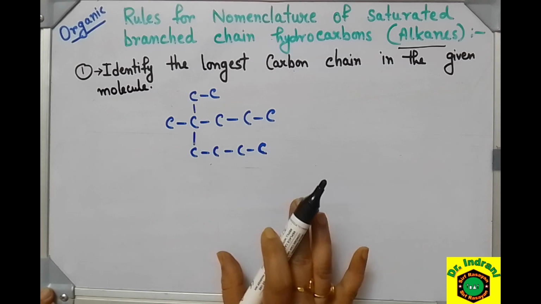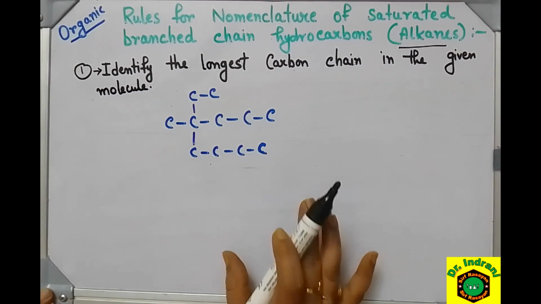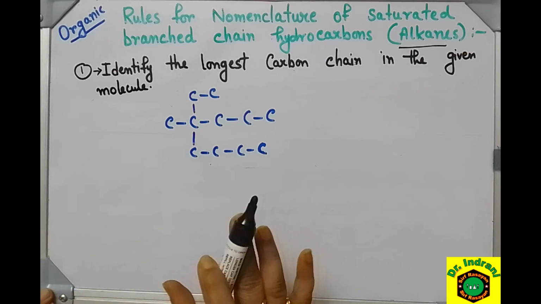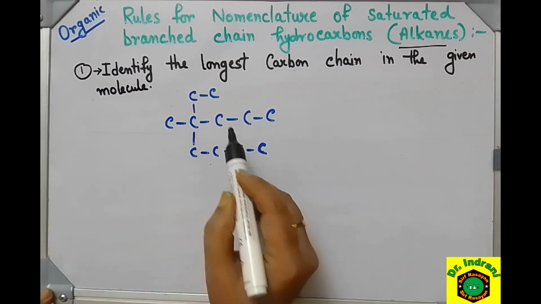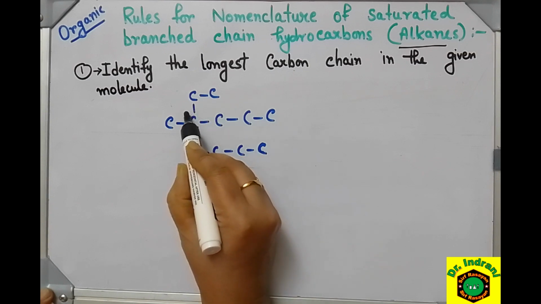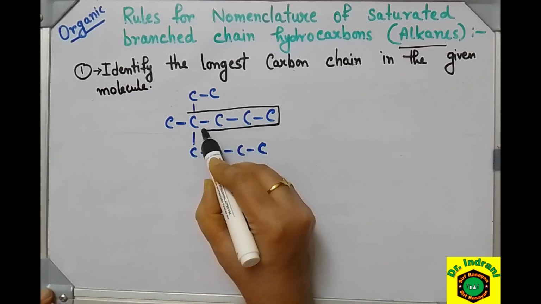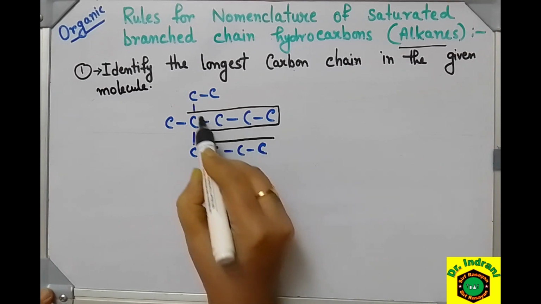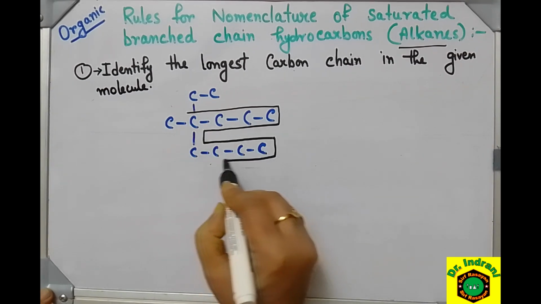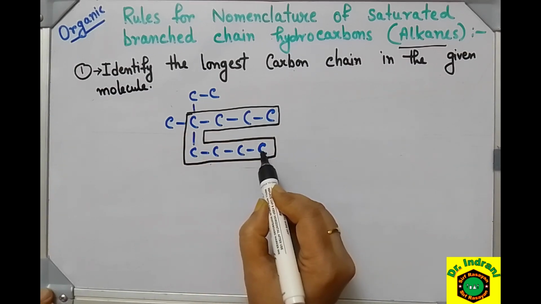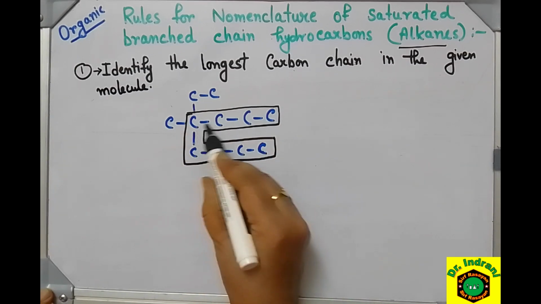Here you have to understand one thing. First you have to identify or find out the longest carbon chain. Here the longest carbon chain is this one. Carbon atoms: this is 1, 2, 3, 4, 5, 6, 7, 8.